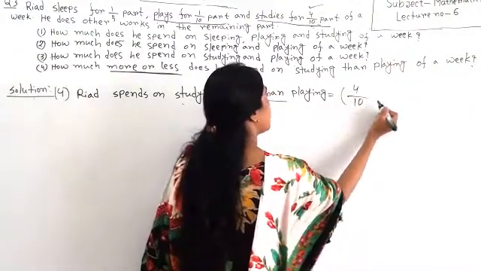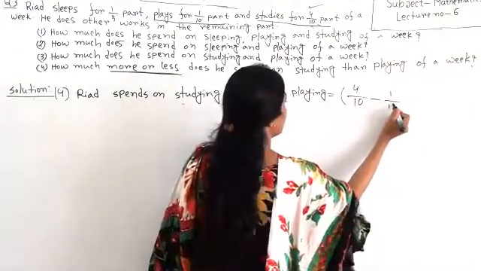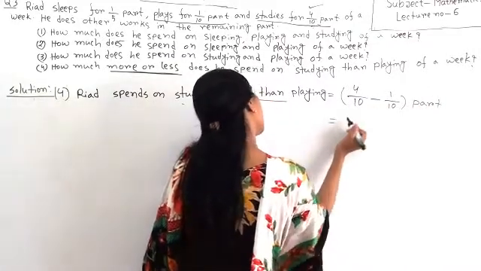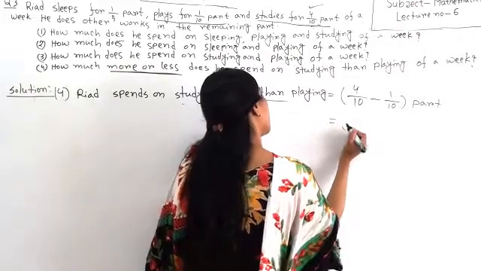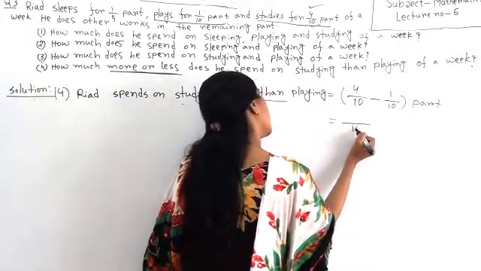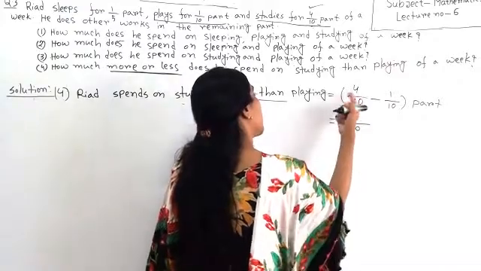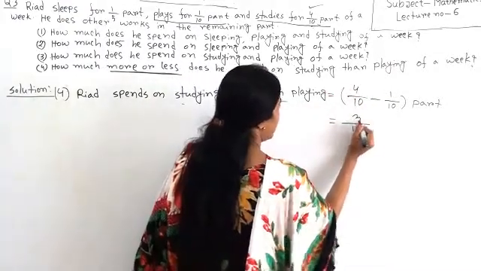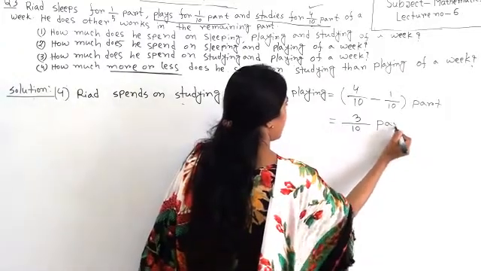So 4 divided by 10 minus 1 divided by 10 part. Here the denominator is the same, so I write the denominator 10. Now I subtract 1 from 4 and get result 3 part.